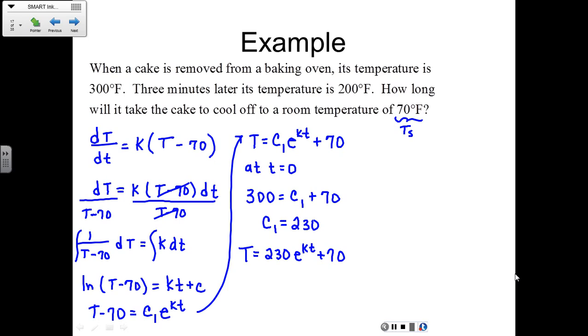Our model's getting better looking all the time. Next statement. 3 minutes later, the temperature is 200 degrees Fahrenheit. So 200. Let me put a little note here for you when you go back and look at this, so you'll say, where is he getting all that? At t equals 3, 200 is the temperature.